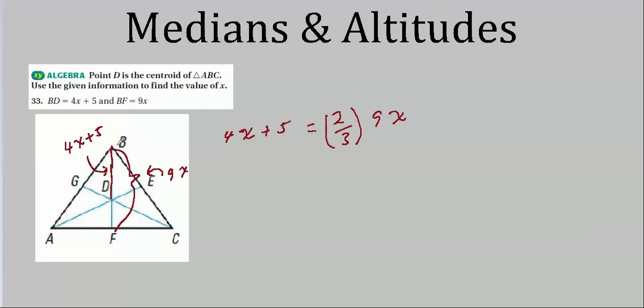We have the long one here, that's BF. And then we have this section, which is 2/3. You can see that. So 4x plus 5 must be 2/3 of 9x. Well, 2/3 of 9x would be 6x, right? So we get 5 equals 2x, or x equals 2.5.